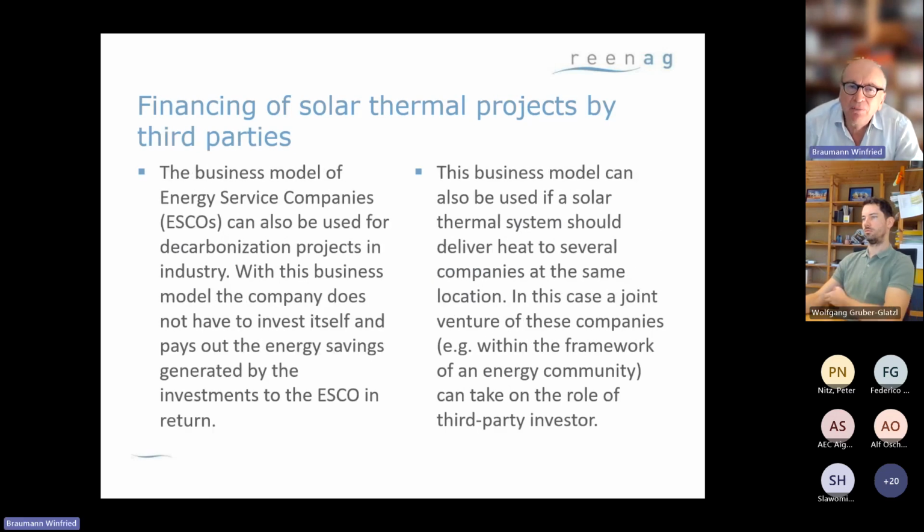However, we have also the possibility of third-party financing.